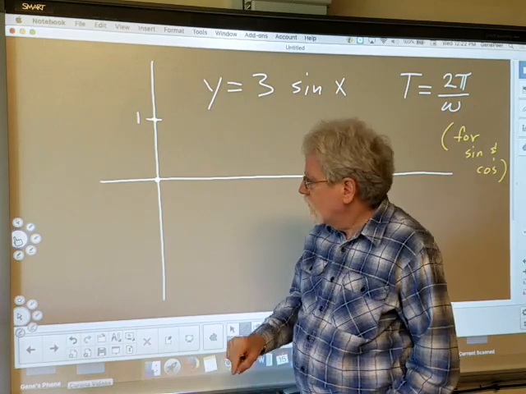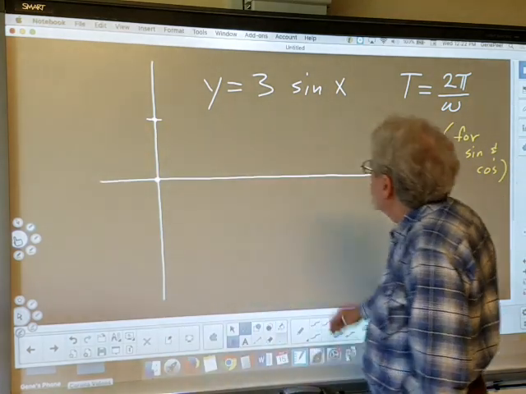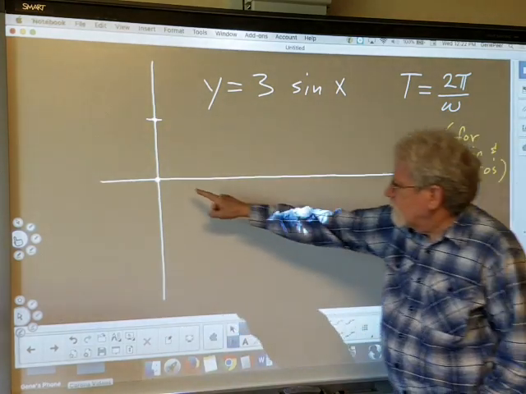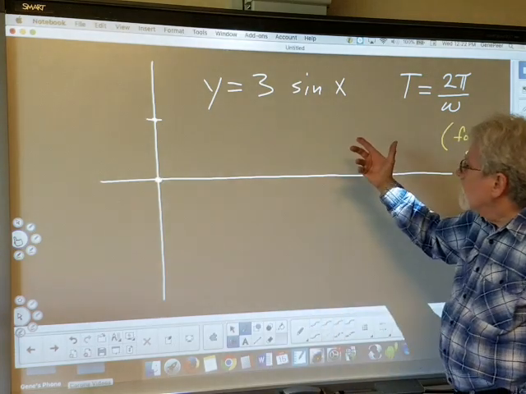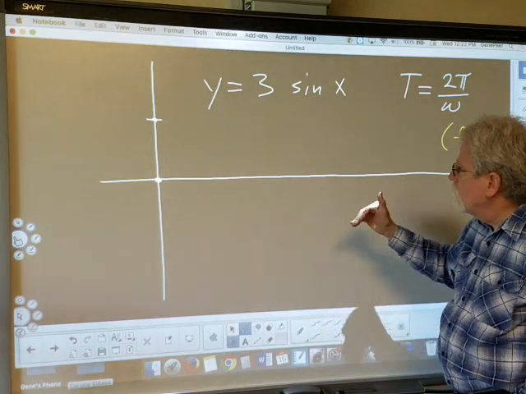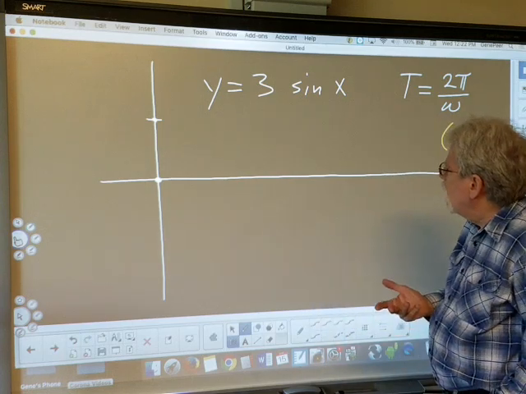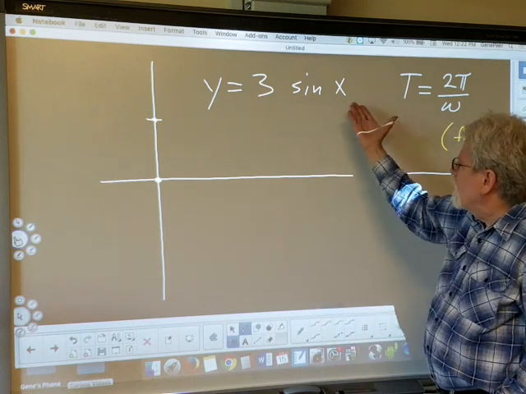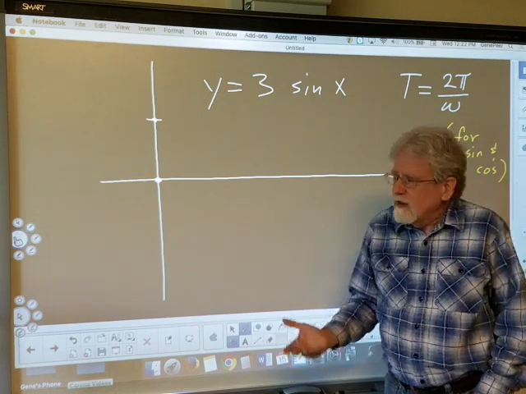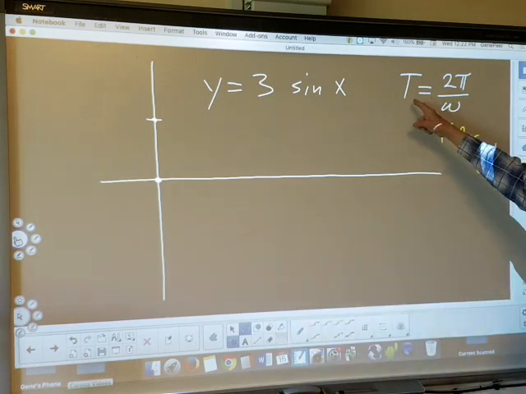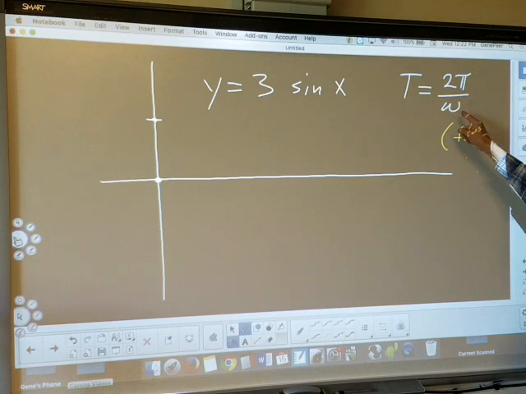Sine starts at 0. So for 3 sine of x, we want one complete cycle in the space of 2 pi. How do we know it's 2 pi? Well, just from experience, we know sine of x has a period of 2 pi. What about using the definition that the period equals 2 pi over omega?